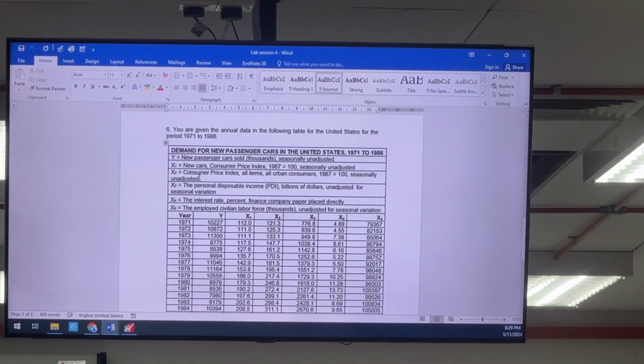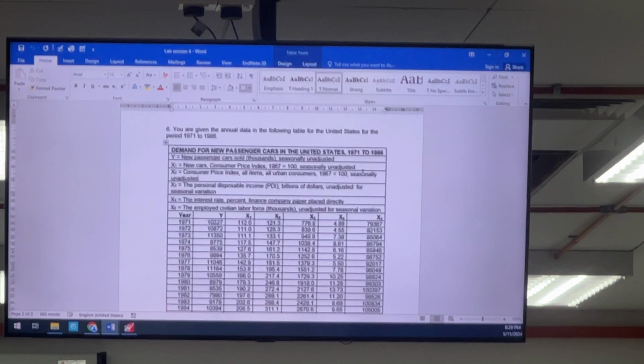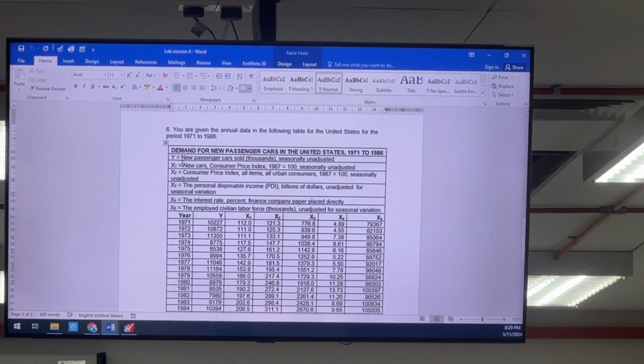For X1 we state our prior expectation about the sign of the relationship. Because it is a price, we expect it to have a negative influence on the sales of cars. So when price increases, we expect the sales to decrease.